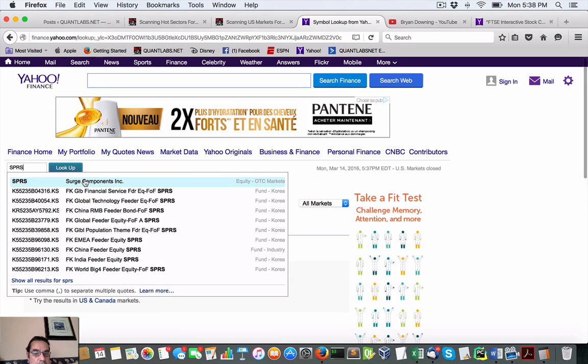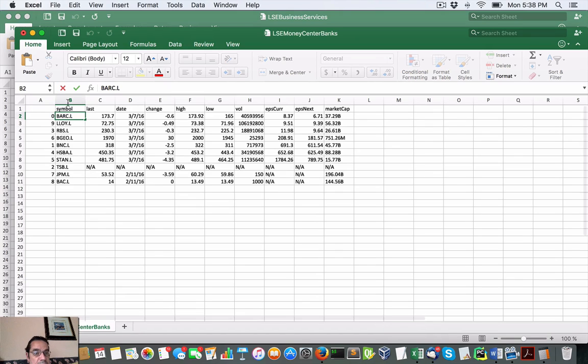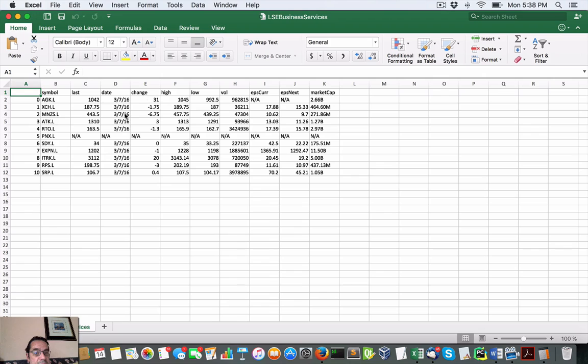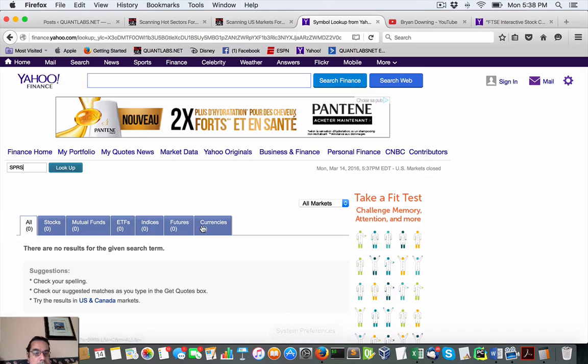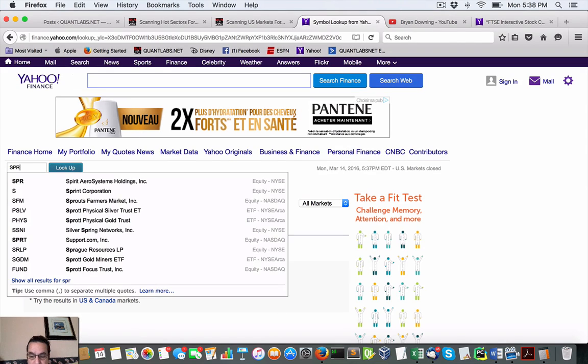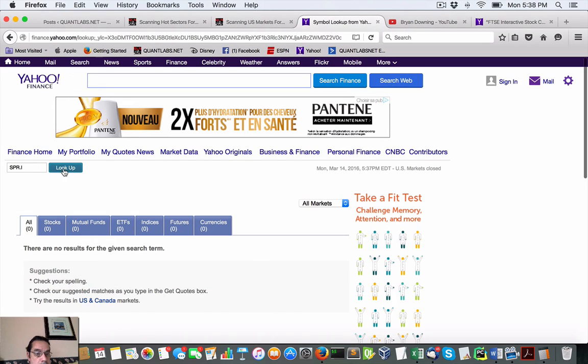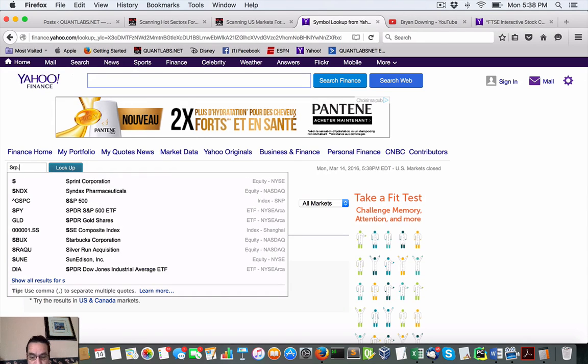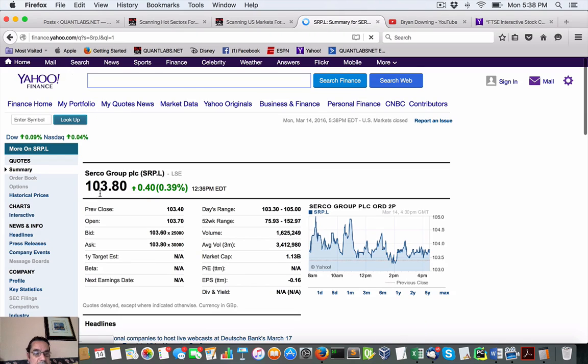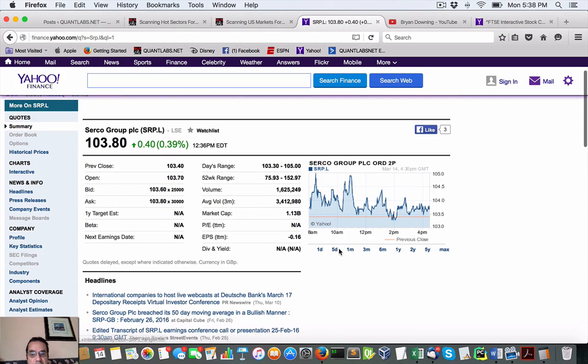Let me go into the proper spreadsheet to see if I can find it. Business services. Oh, my mistake. We were looking for SRP.L. My mistake. So Circle Group, 5-day chart.